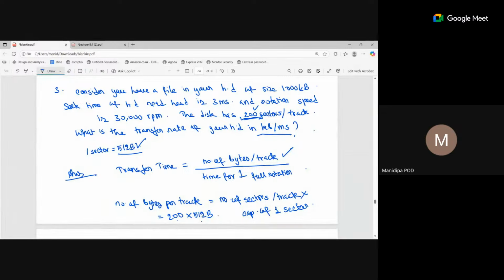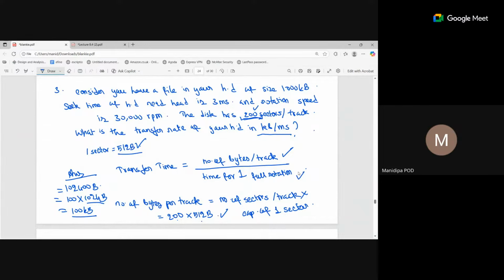So let's first simplify this. 200 into 512 bytes is 102400 bytes, right? Now here I can write 100 into 1024 bytes. 1024 bytes is, like you said, 1 KB. So this is 100 KB. So 100 KB is stored per track.